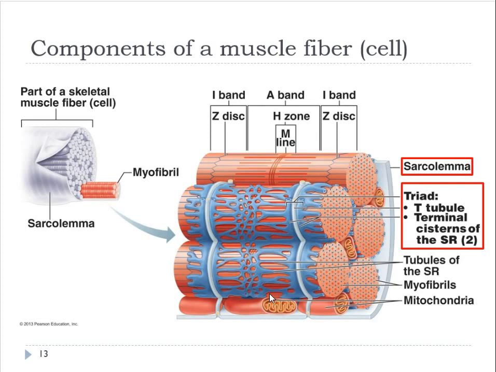Alright, let's go ahead and look at a quick anatomy. We're going to label and talk about all these different things in an upcoming video, but what I wanted to kind of just give you an idea of is just some of the parts. So we know that we have a larger muscle structure, and we've now sort of looked at just one of these tubules, and that's going to be our myofibril.